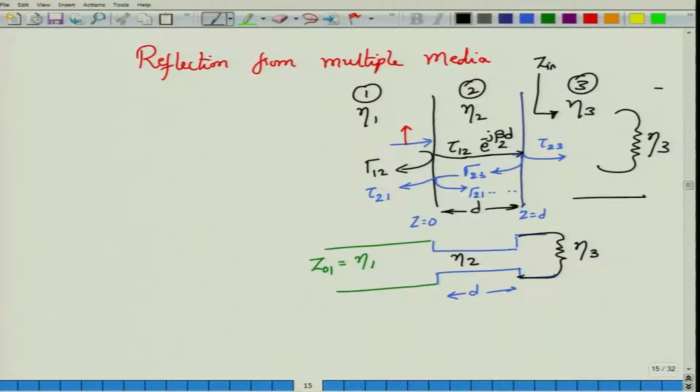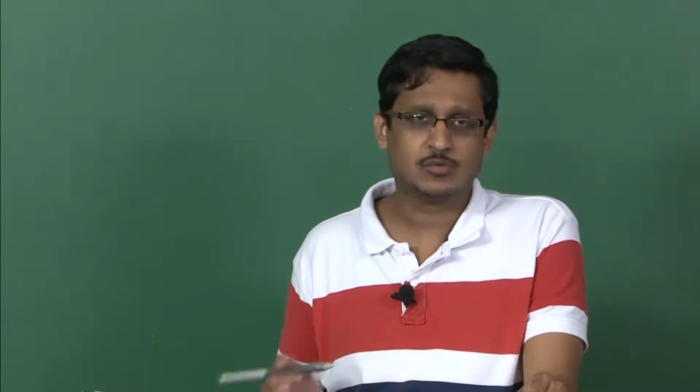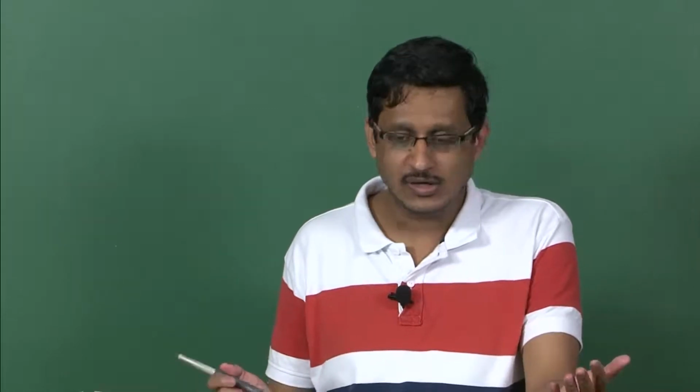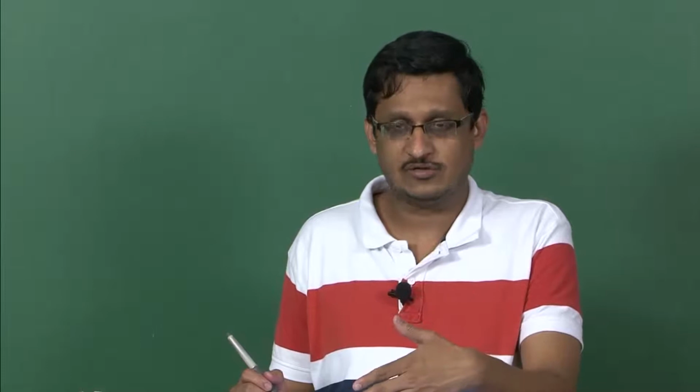Now, how do I obtain the amount of reflected power, or the overall reflection coefficient? This problem of transmission line we have already solved many times. You can in fact employ the Smith chart approach to solve this problem.